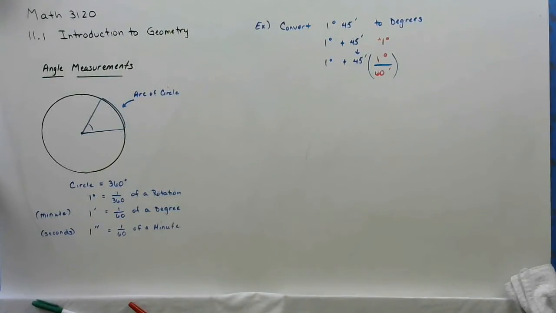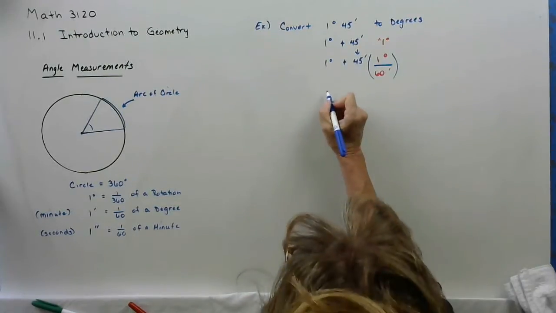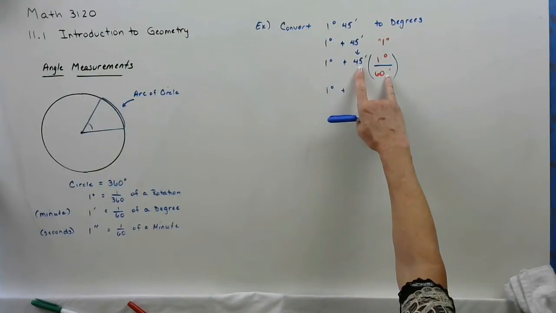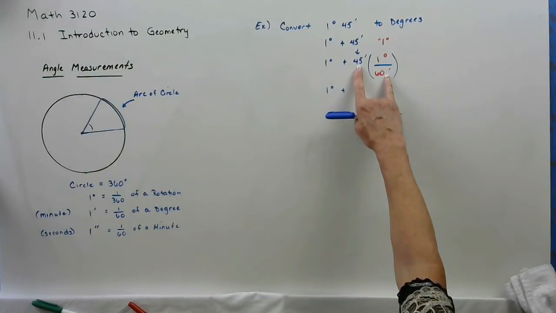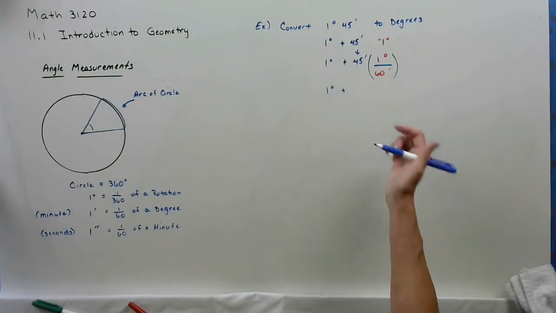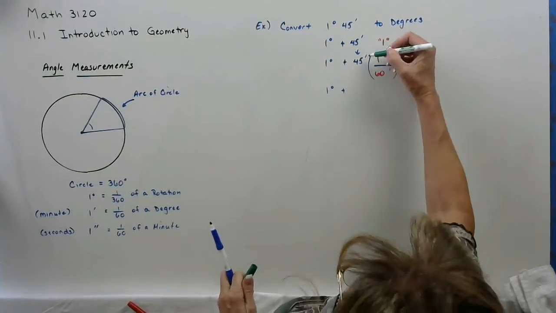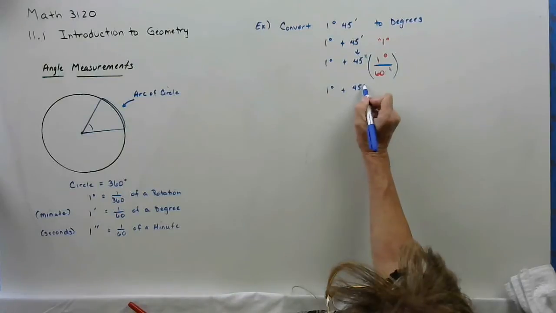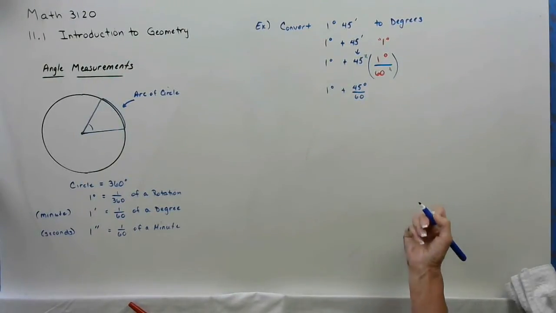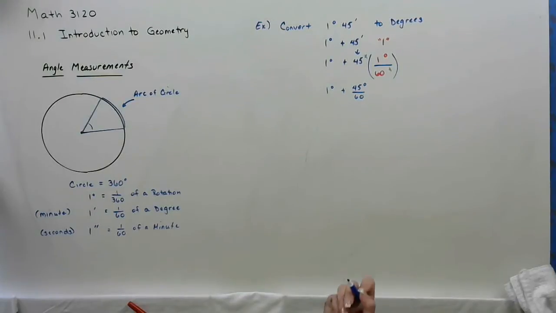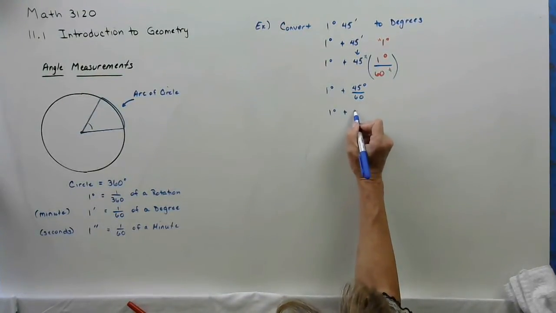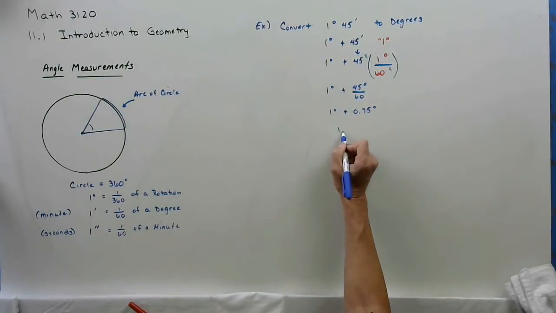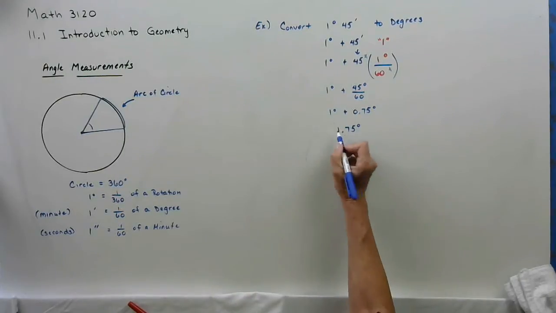So now what I'm going to do, I already have my 1 degree. Notice what's going to happen. Because these have the same unit of measure, and one's in the numerator and one's in the denominator, these minute symbols are going to cancel each other. So I'm going to cancel the minute with the minute, and I'm now left with 45 degrees out of 60. So if I convert 45 out of 60, that's the same as 3/4 or 0.75. And so I'm left with 1.75 degrees.